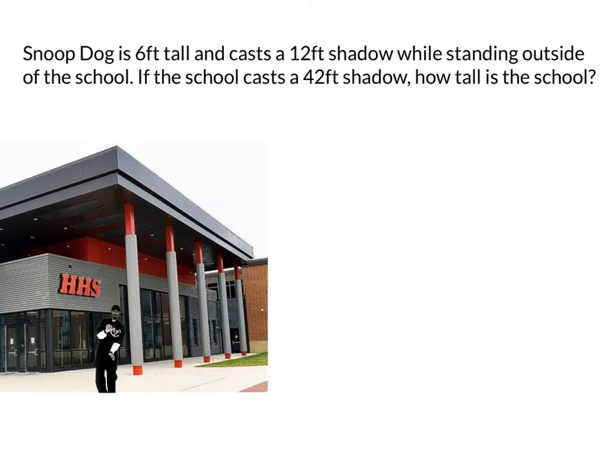Okay, let's math. So Snoop Dogg is 6 foot tall and he casts a 12-foot shadow. Oh, I think I can make a triangle with that. A right triangle. 6 foot tall, 12-foot shadow. Now that school is casting itself a big old 42-foot shadow, and we want to find out how tall that school is.